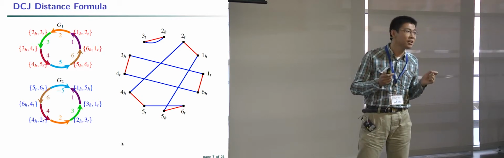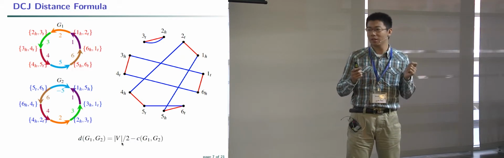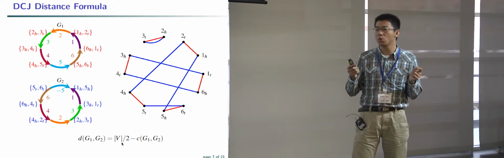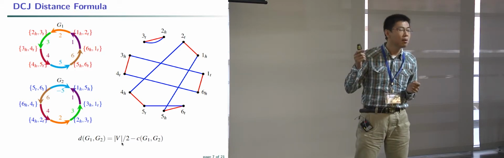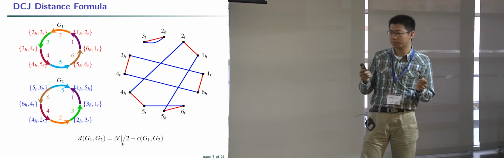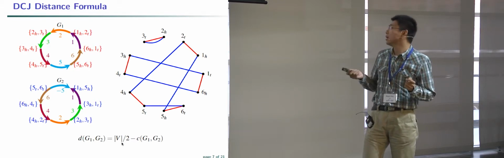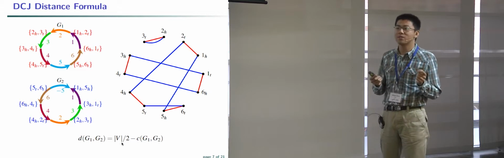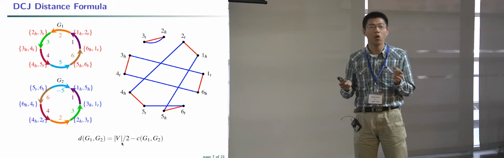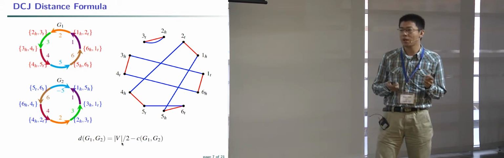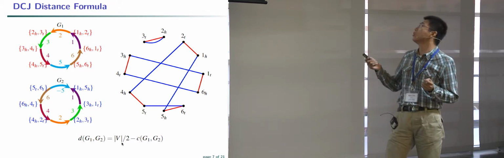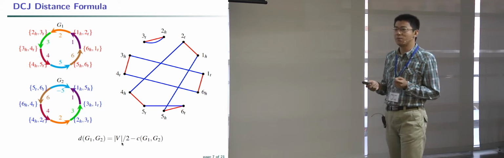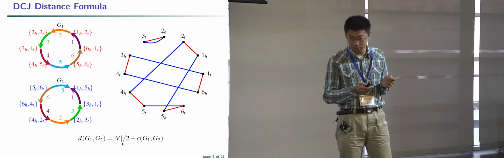And the DCJ distance, denoted by d(G1, G2), is exactly equal to half the number of vertices in the graph minus the number of cycles. We use the symbol c(G1, G2) to denote the number of cycles in the graph formed by the two perfect matchings. In this example, we have 12 vertices and 3 cycles in total, so the distance between G1 and G2 is 3.